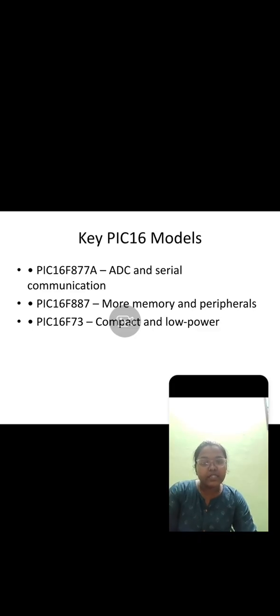Then we have the PIC 16F887 model for peripheral communication, for flash memory storage. As the input results are to be stored in memory, we are going for PIC 16F887 as flash memory. So what are the results? Once the data has been converted from analog to digital, easy for the device, that particular value is stored using this microcontroller, PIC 16F887.